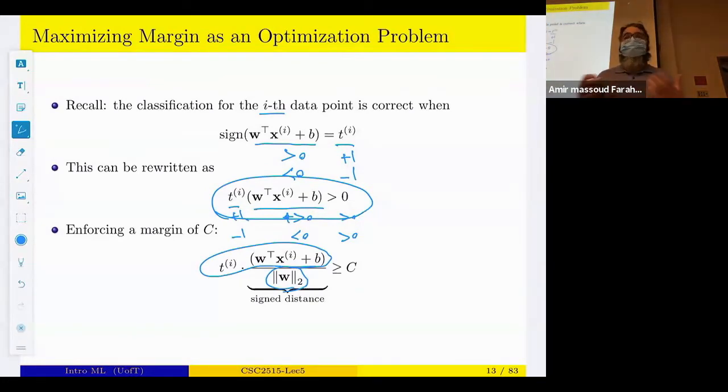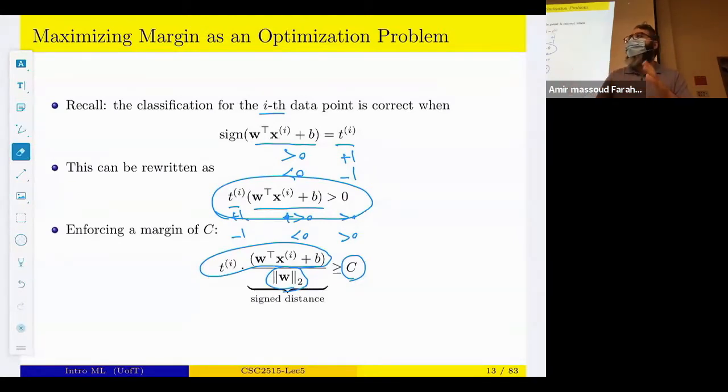Then we are saying that the distance should be larger than the constant C. So if W satisfies this, it correctly labels the data point and has a distance larger than C.